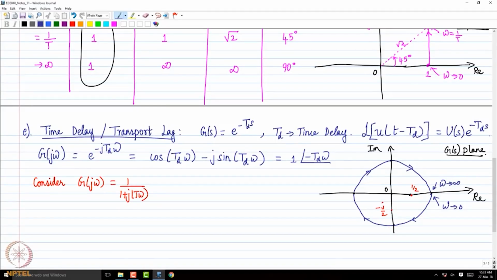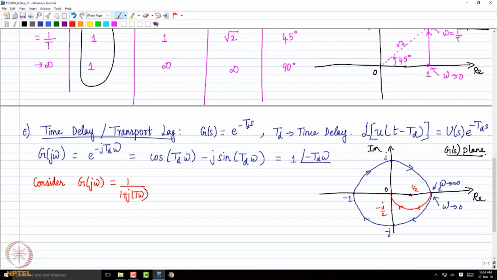So that this is 1, this is minus j, this is minus 1 and this is plus j. So essentially we had a semicircle as the plot of 1 divided by 1 plus j t omega, that is what we had.